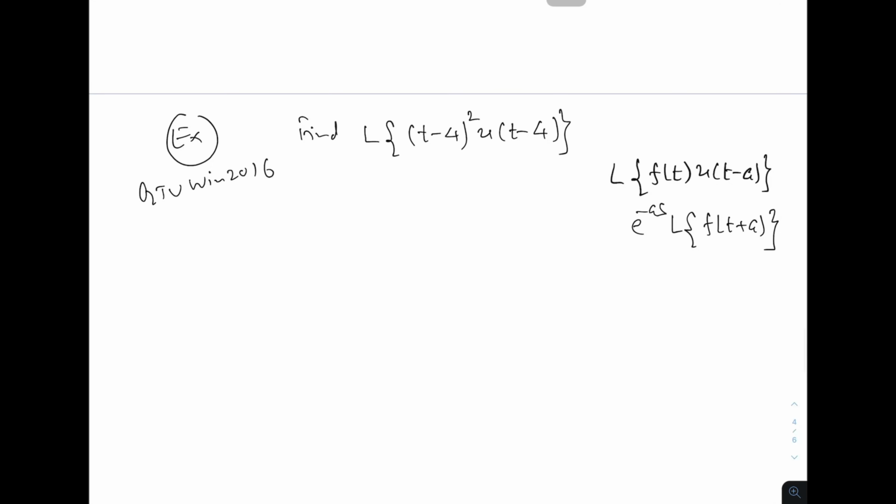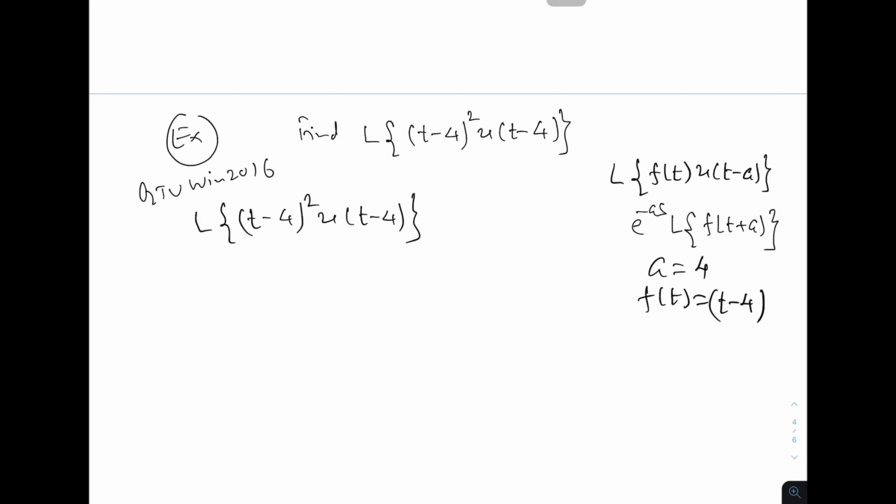So Laplace transformation of t minus 4 square u of t minus 4. So what is a here? A is 4. And what is f of t? F of t here is t minus 4 square. So we can use that.